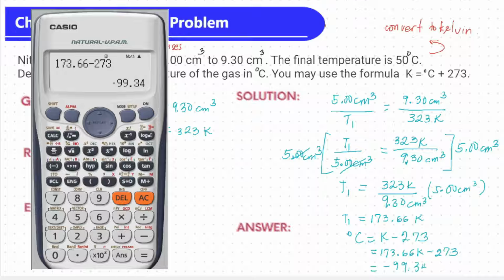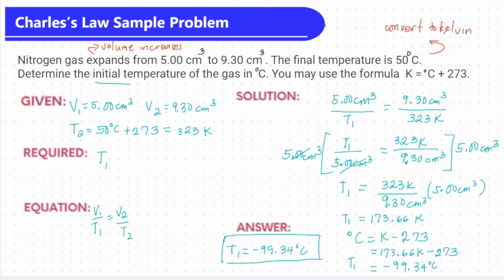And you will be getting negative 99.34 degrees Celsius. Our final answer is therefore negative 99.34 degrees Celsius. The temperature is below zero, negative siya. That means that the temperature is cold. Okay, malamig. Alright? So there you go.